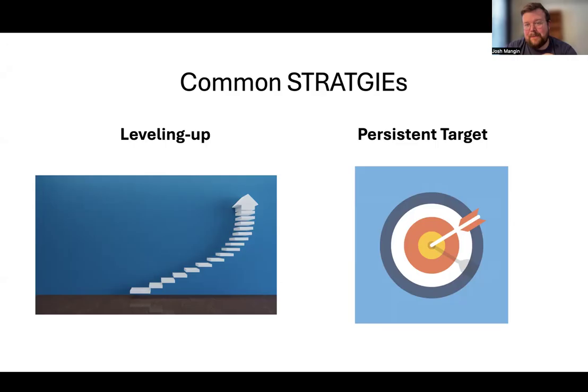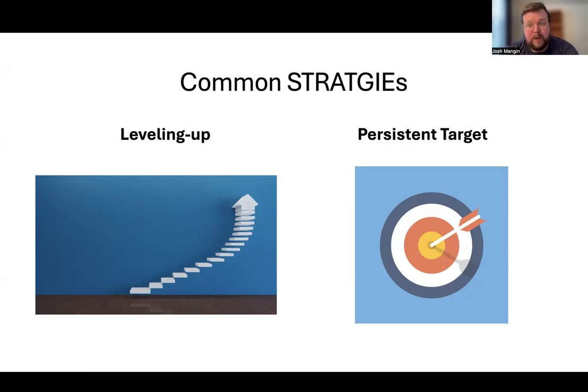In that case, if you find a funding source that aligns with your own mission, it may be helpful to do a persistent target. What I mean by that is, okay, this is the funding source we need to go to. With the persistent target element, understand that it maybe takes some time to get that grant. This is what's helpful when you get feedback. Even if your grant gets rejected, you get feedback, you readjust, and you keep resubmitting.